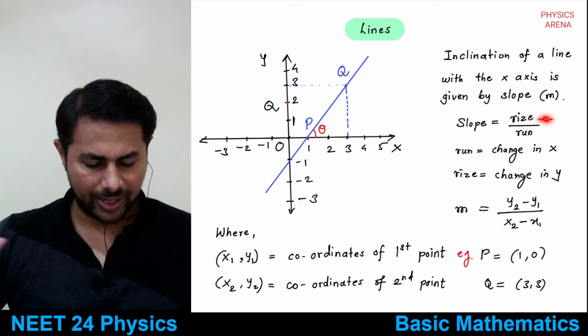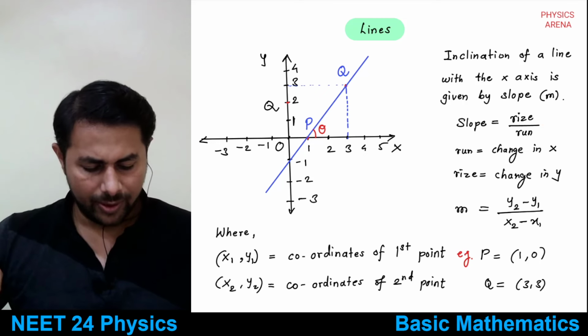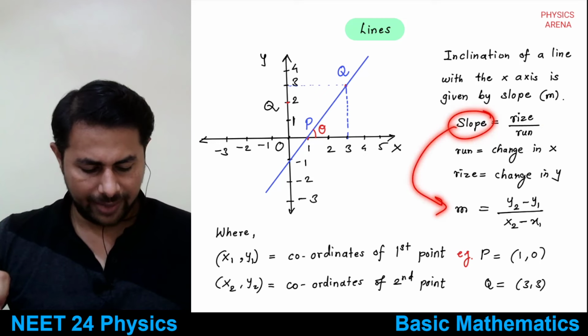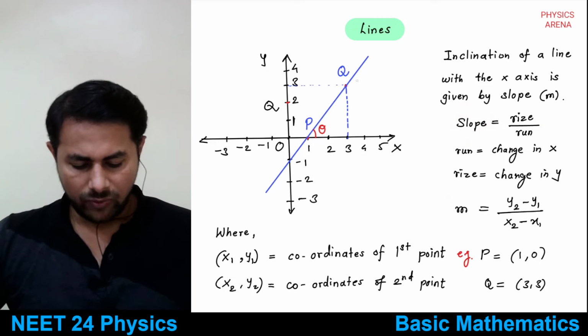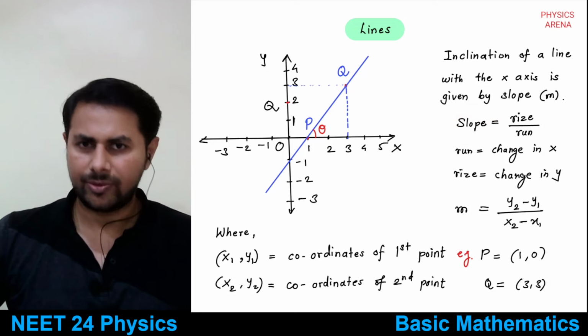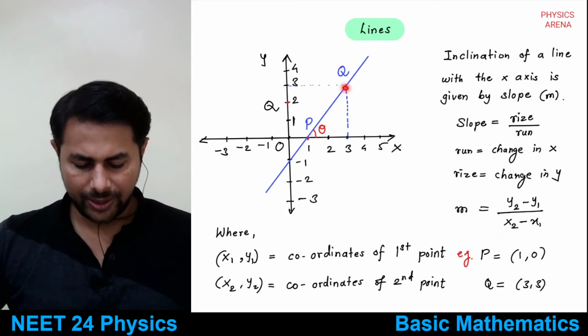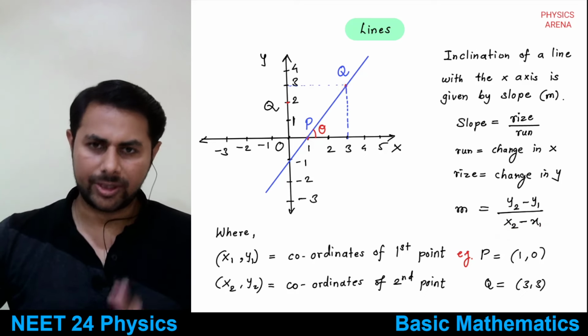So rise is change on the y-axis and run is change on the x-axis. Slope is denoted by the letter m. M is equal to y2 minus y1, y coordinate of second point minus y coordinate of first point, divided by x2 minus x1, x coordinate of second point minus x coordinate of first point.